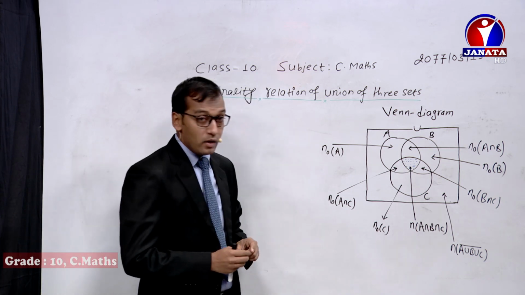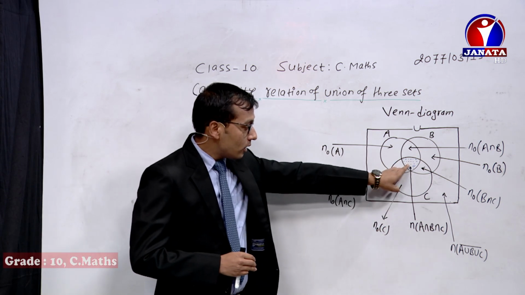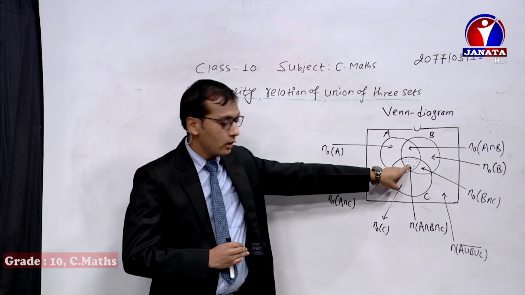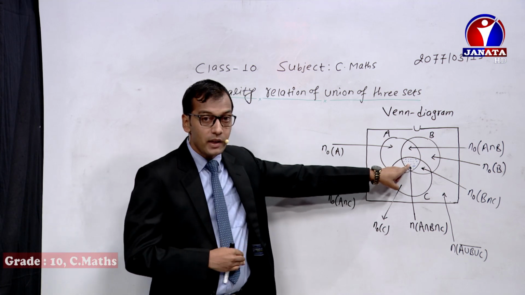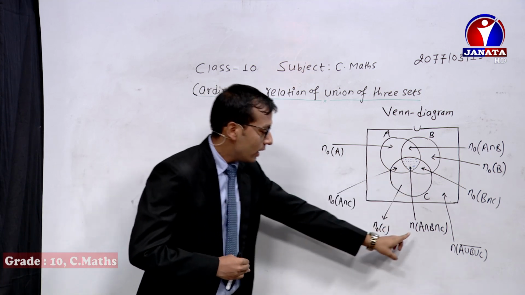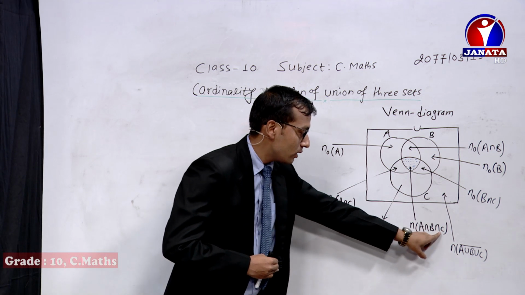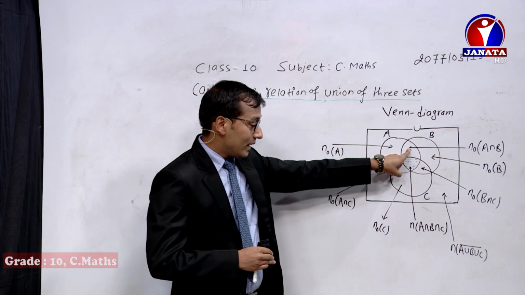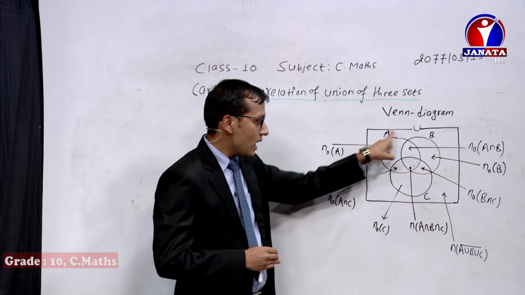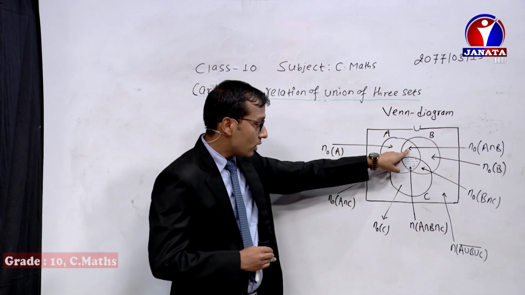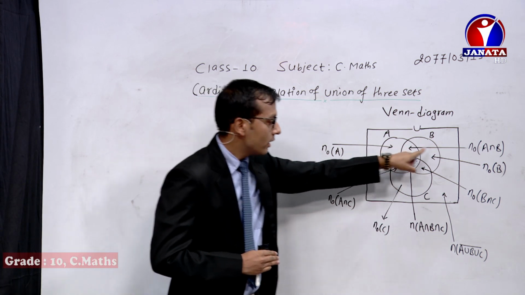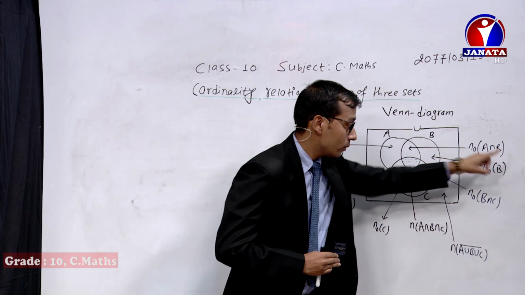The most important part is this common region, the intersecting region of all three sets A, B and C. So it is called n of A intersection B intersection C. Similarly, this region is the common region of sets A and B only, but this region does not belong to set C, so its set notation is n only A intersection B.